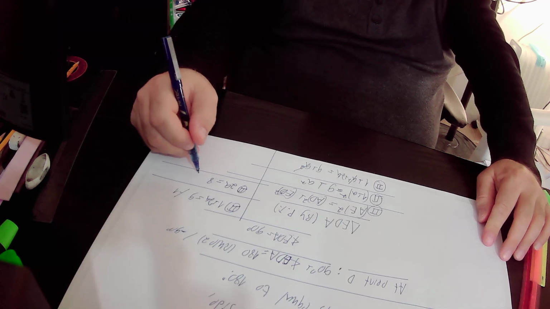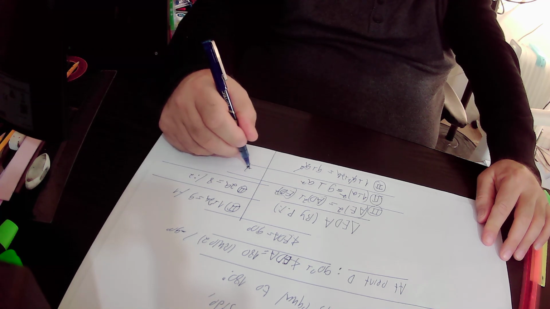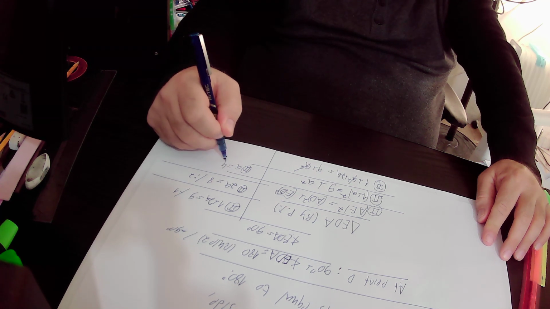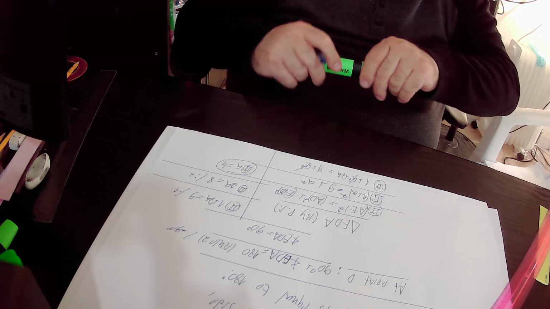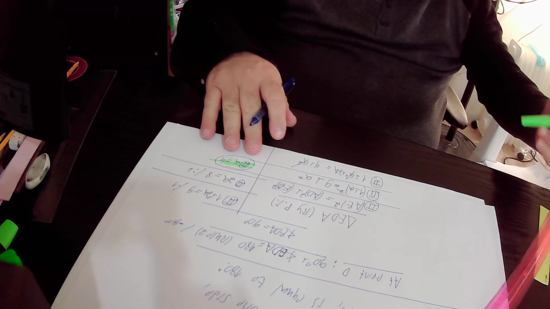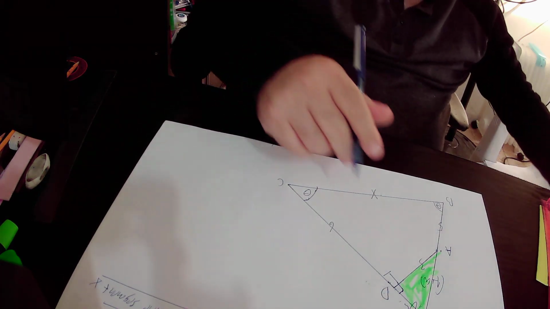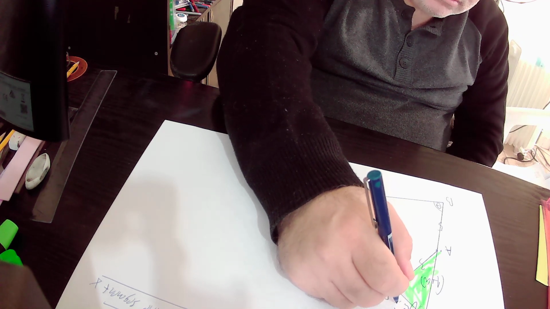Here we divide this equation number 2 by 2, and we get that A equals 8 over 2 is 4. So we found out that A equals 4. Right here, that A equals 4. And A plus 1 is 5.